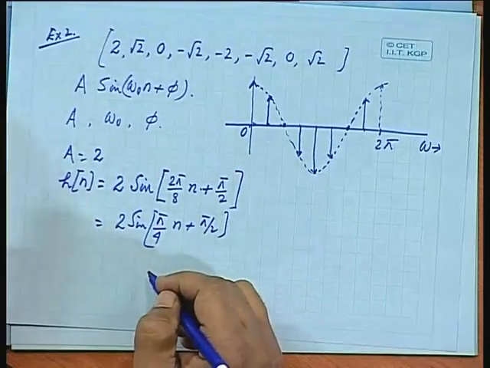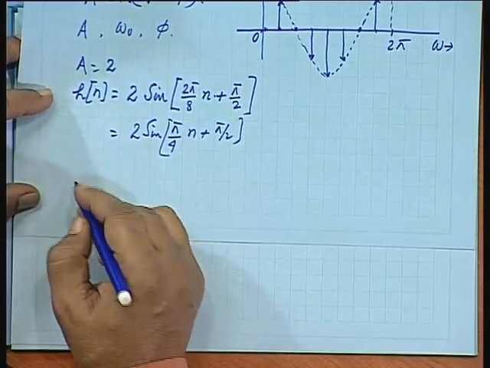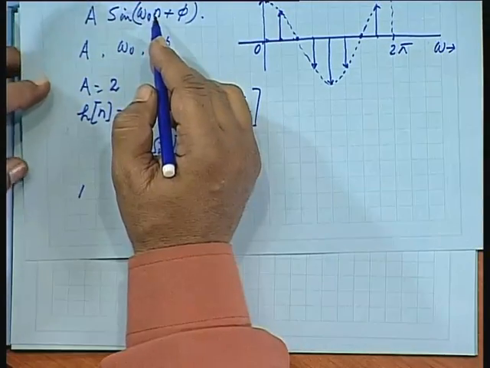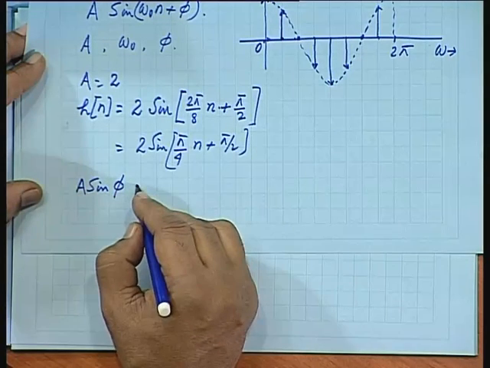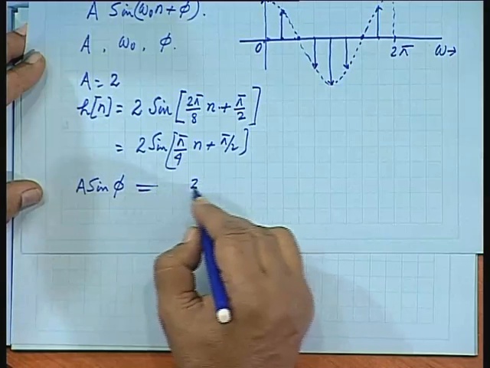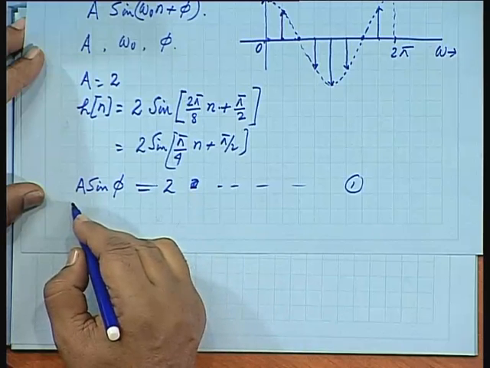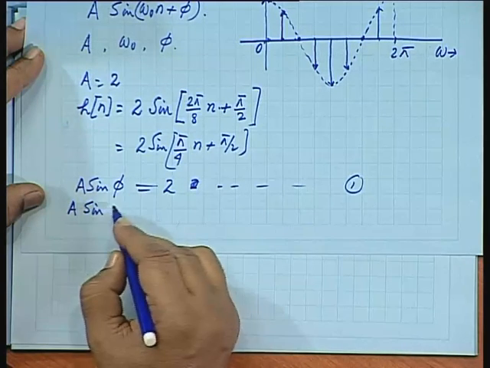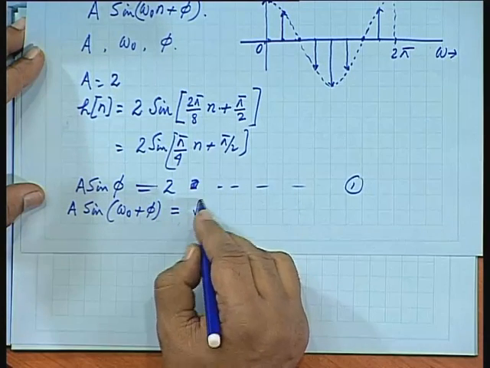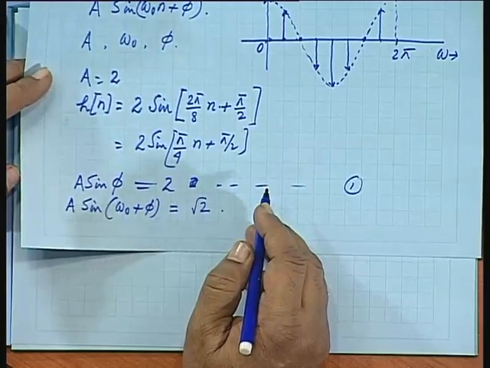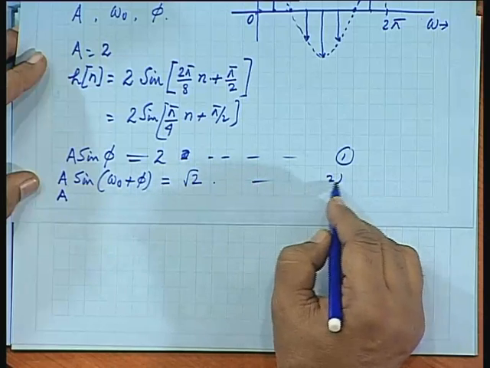Okay. So, let us see how we solve this analytically. Put n is equal to 0. So, A sin phi is equal to 2. Next, A sin(omega naught plus phi) is equal to root 2. This is equation 2.